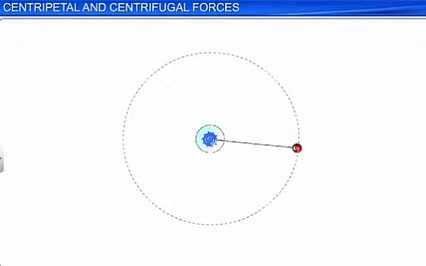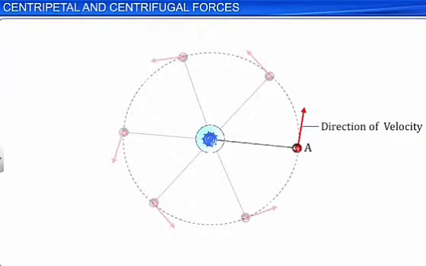Observe the motion of the body if the string is cut when it is at A. The body moves along the tangent drawn to the circle at point A. Hence, the tangent drawn to the circle at any point gives the direction of velocity of the body at that point.